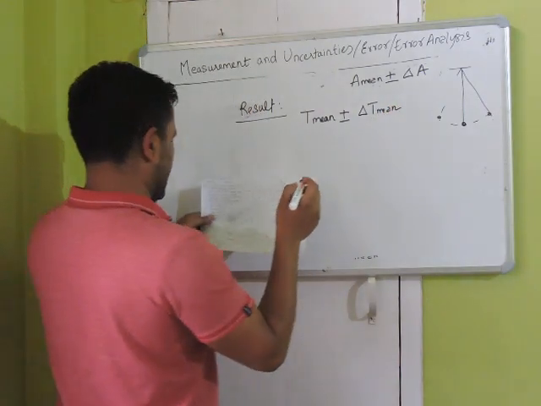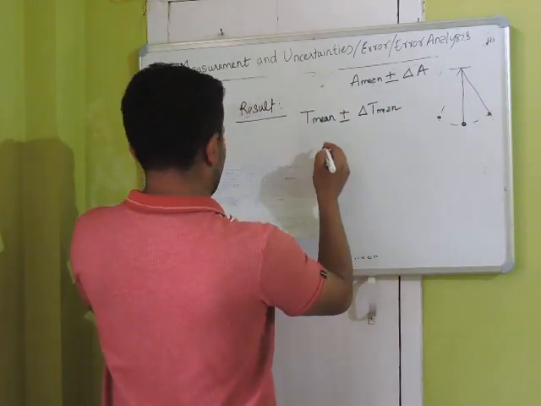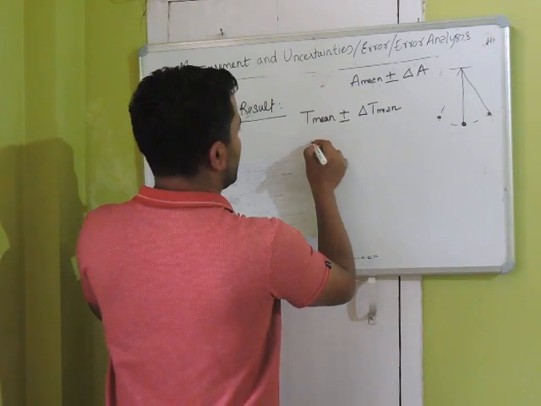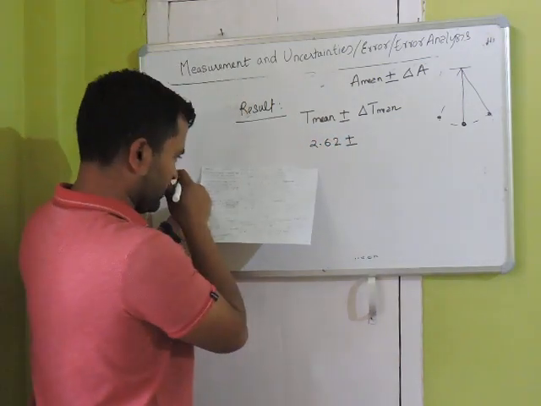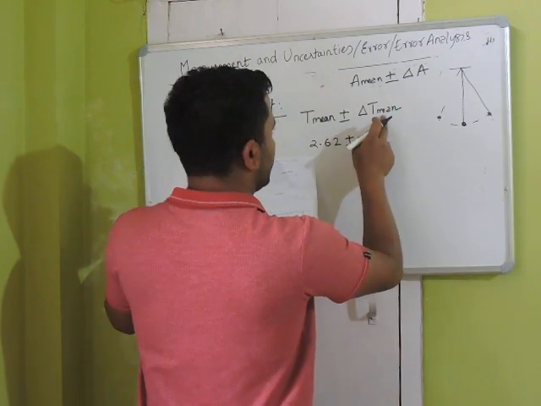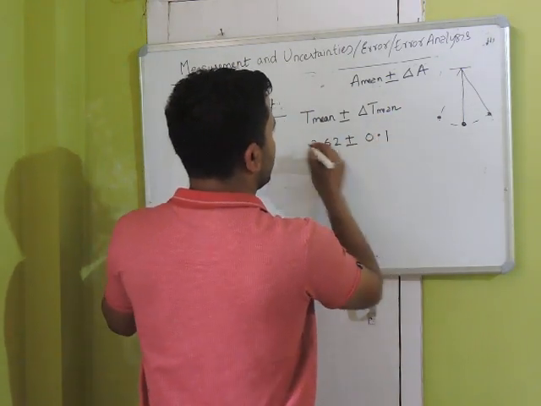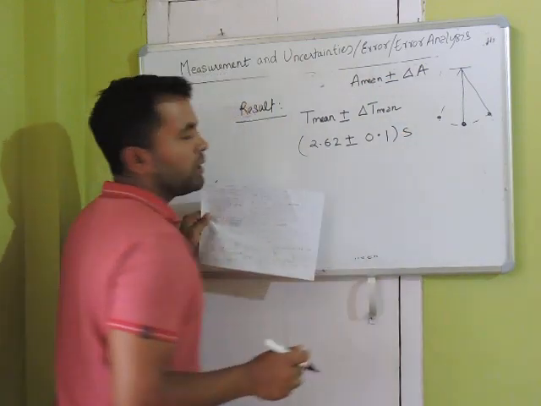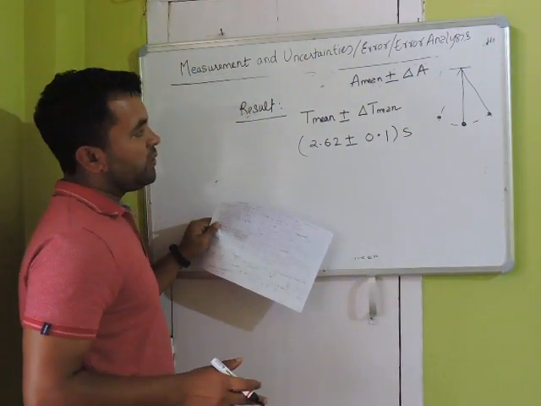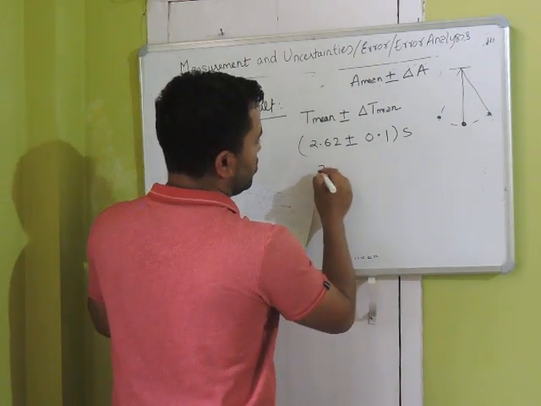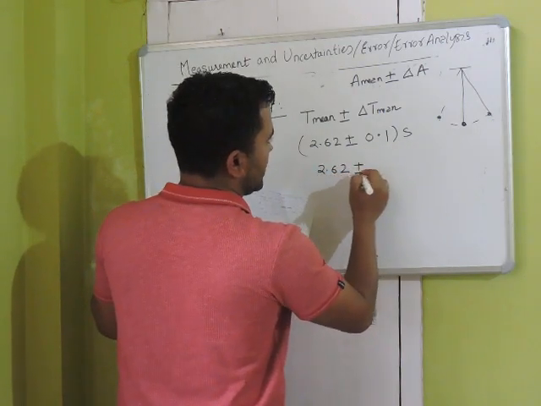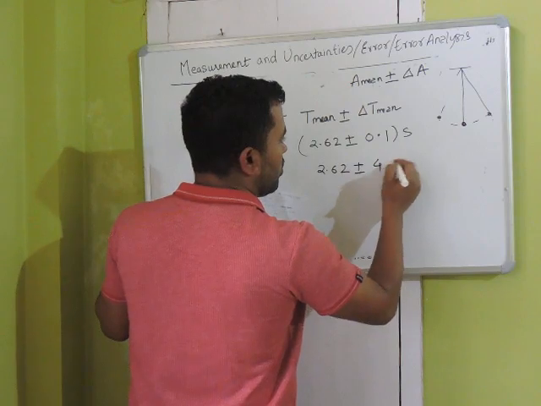So this is 2.62 plus minus, T mean we have calculated 0.1. This is the representation of it, and if you express this in percentage, sometimes you can write 2.62 plus minus 4%.